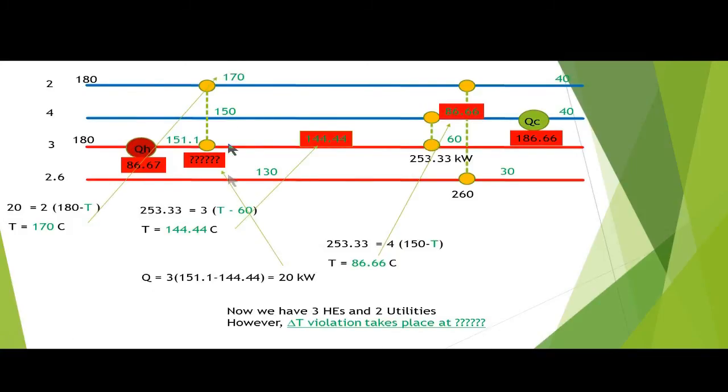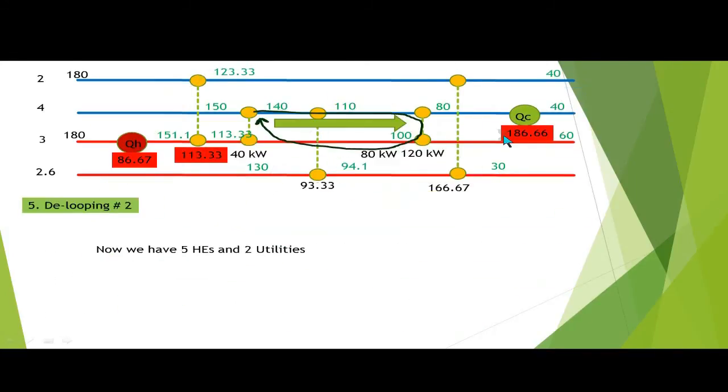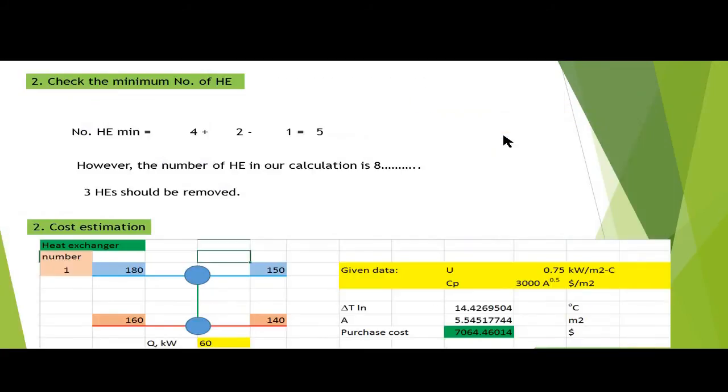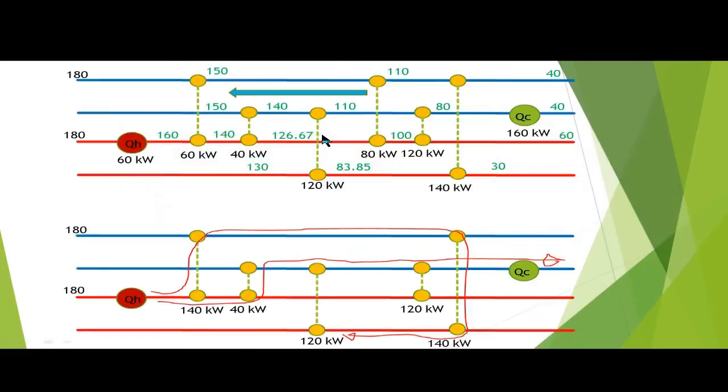Okay. Now let's check. According to this diagram, what I have is 3 heat exchangers and 2 utilities, which meets what we calculated before, based on the minimum number of heat transfer units equal to 5.